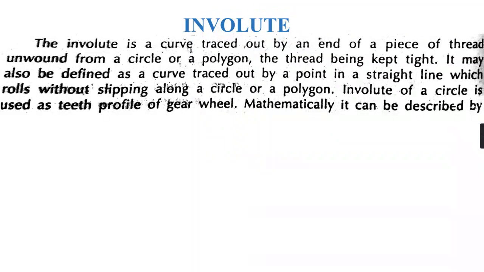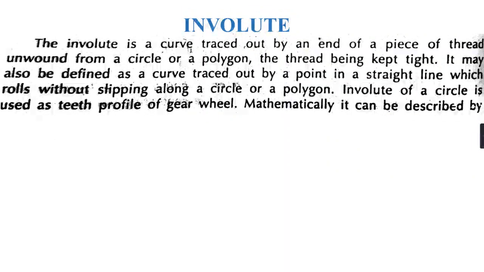What we are doing is unwinding that thread, and one end of the thread is fixed on that circle or ball. The curve traced out by the point that we are holding is called an involute.